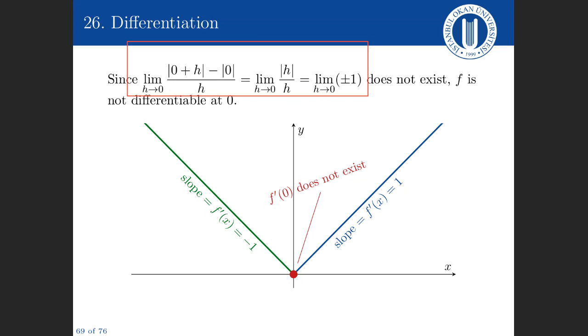But the absolute value of h divided by h is either plus 1 or minus 1, depending on if h is a positive number or a negative number. We have a function which is sometimes equal to 1, sometimes equal to minus 1. It's not always close to one particular number, so this limit does not exist. Because this limit does not exist, our function is not differentiable at 0.